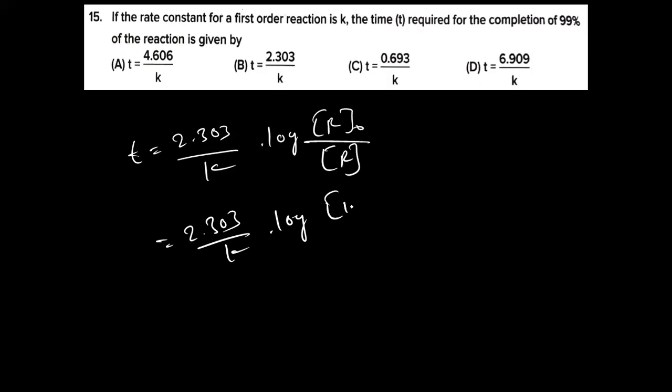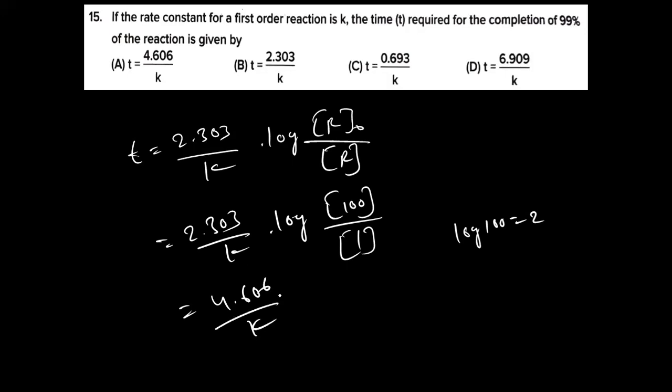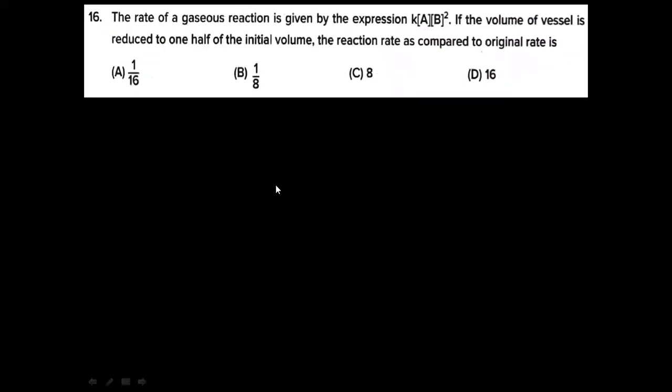The initial concentration is 100, and 99% completion means remaining will be 1. So log 100 is nothing but 2. Log 100 is 2, 2 into 2.303 is 4.606 divided by K. So it's option A. T is equal to 4.606 by K.